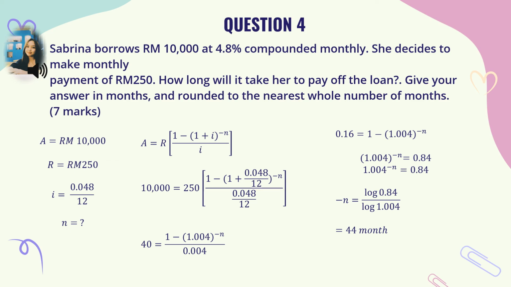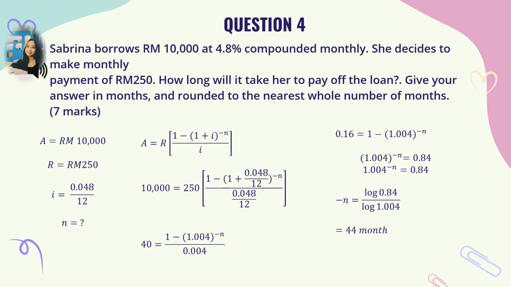The formula that we are going to use is A equals R bracket 1 minus bracket 1 plus I bracket power negative n over I, where A equals present value of annuity.